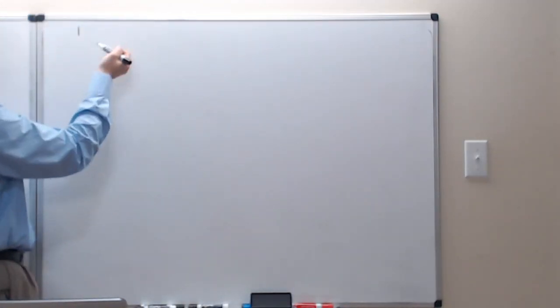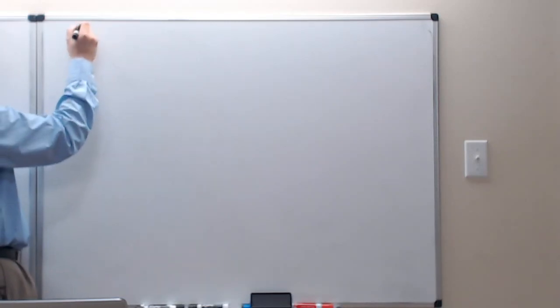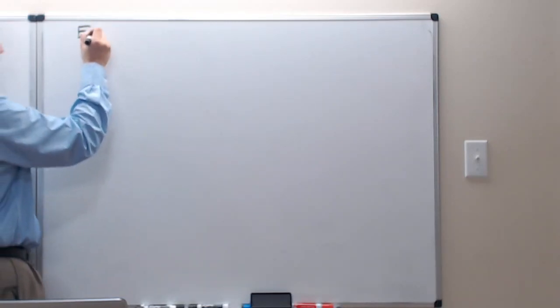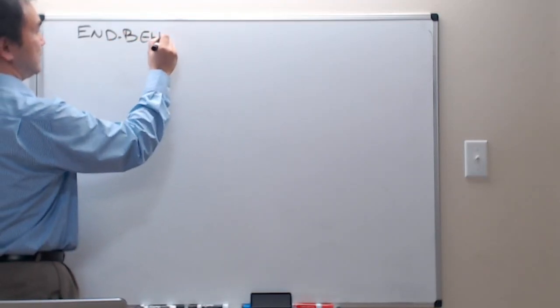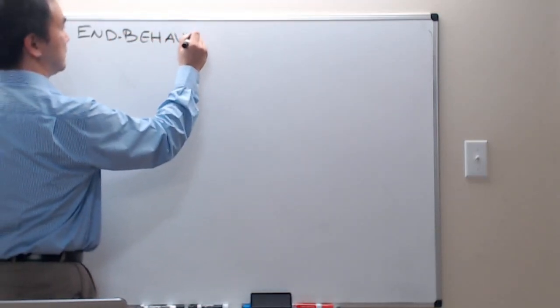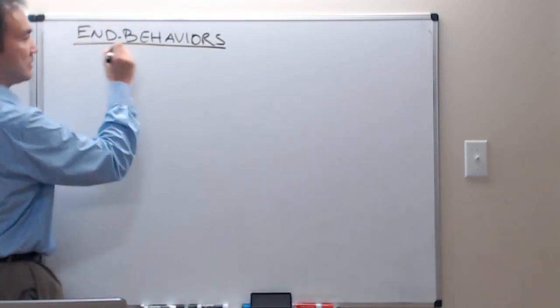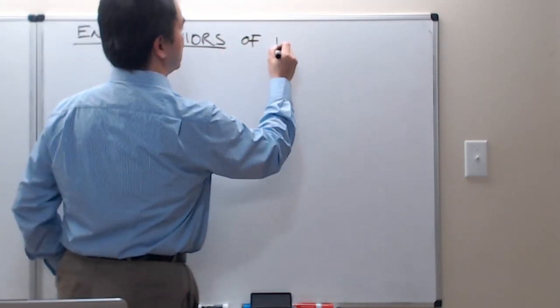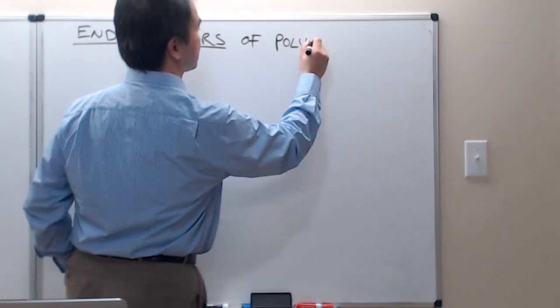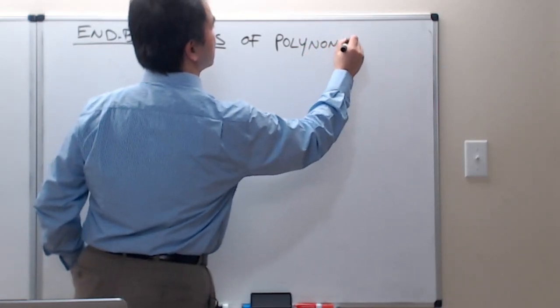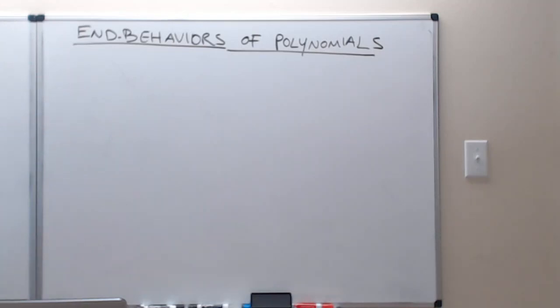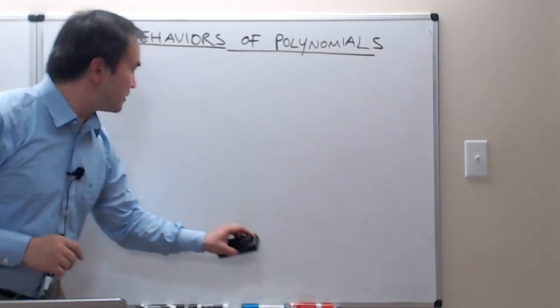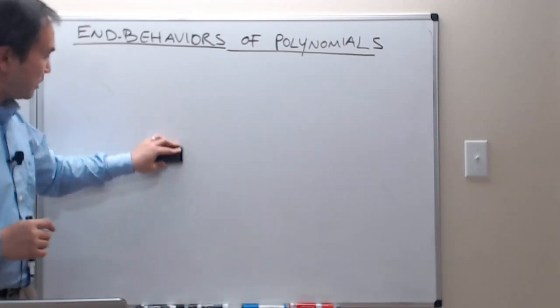Let's look at some summary table of end behaviors of polynomial. It's an old concept you have seen.